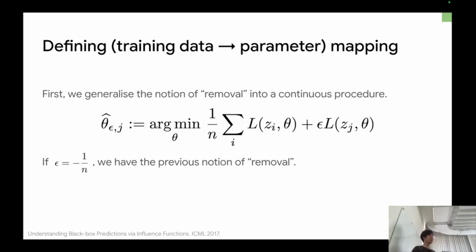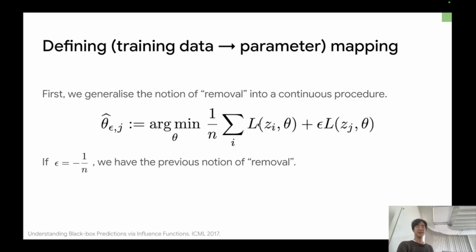But in terms of training, there's a way to do it in a more gradual, continuous fashion, which is to put an individual sample-wise weight on the loss during training. So you have a summation over all the loss values over the training set as you normally do in empirical risk minimization, but on top of that, you have epsilon times L of z_j, which controls how much weight you give to this particular training sample during training.